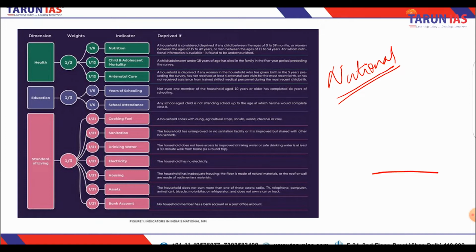One third weight is given to health, in which we have nutrition, child and adolescent mortality, and antenatal care. In education, we have years of schooling and school attendance, similar to the global MPI. In standard of living, we have cooking fuel, sanitation, drinking water, electricity, housing, assets, and bank account, so Pradhan Mantri Jan Dhan Yojana.